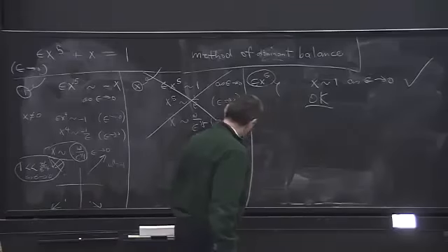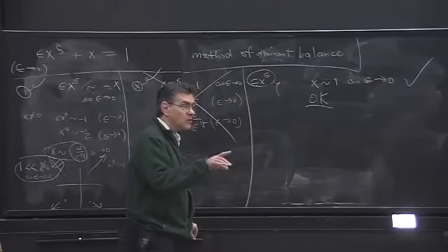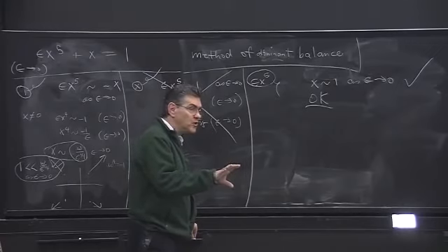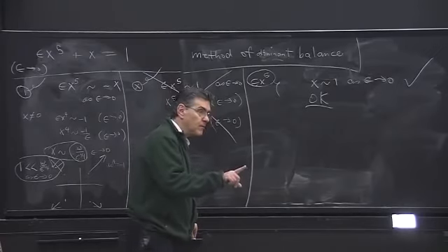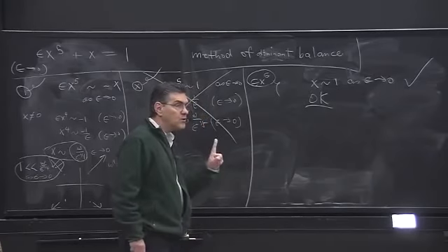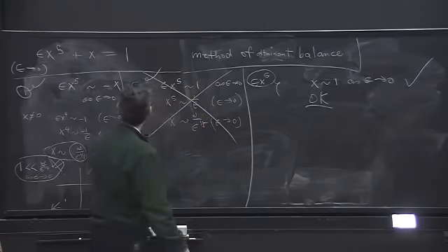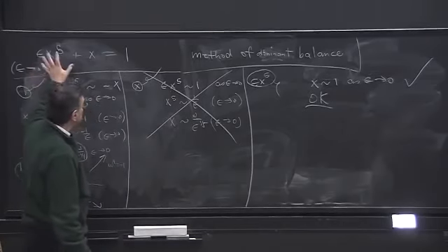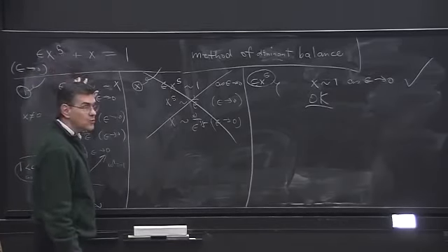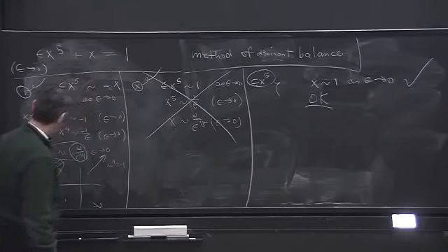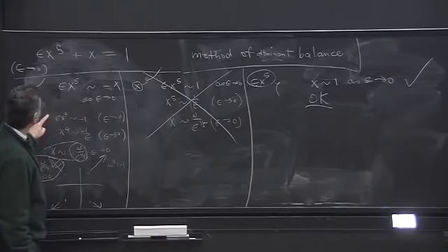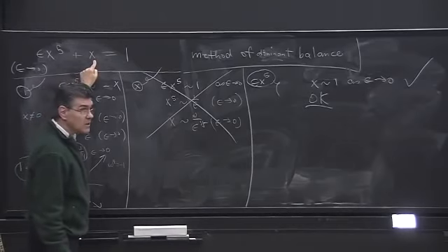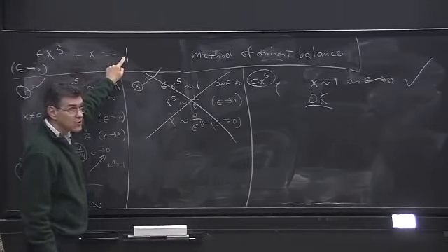This word is dominant balance, okay? What I mean by dominant is that all of the terms in the equation dominate over one term in the equation. So here we have an equation containing 3 terms, and 2 of these terms dominate over the 3rd term. And what we found is that this is the correct answer. What we found is that this term and this term are big, and this term is negligible.